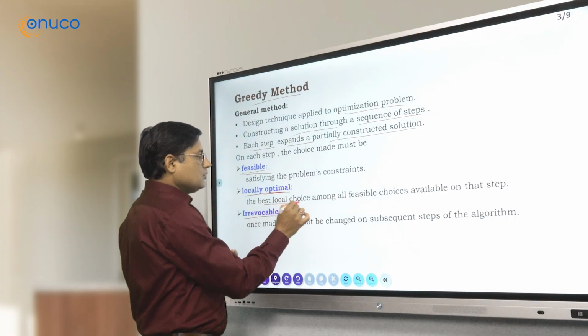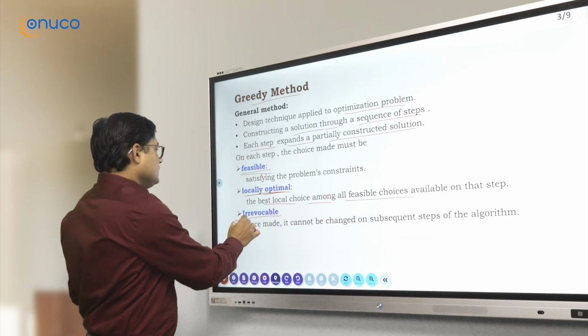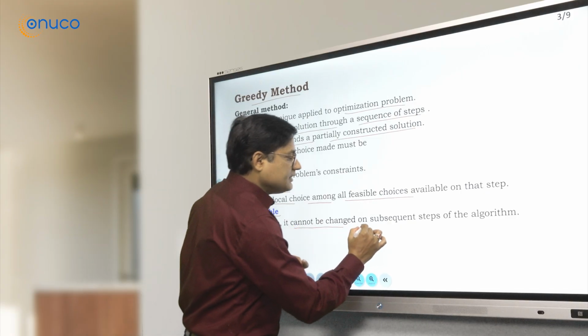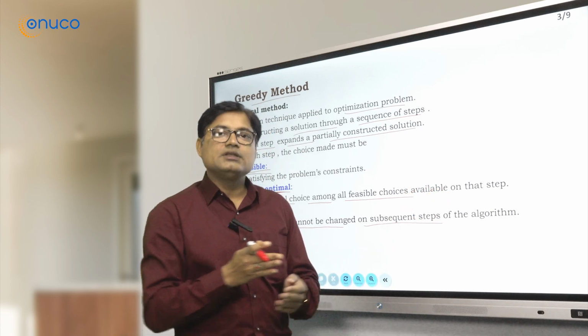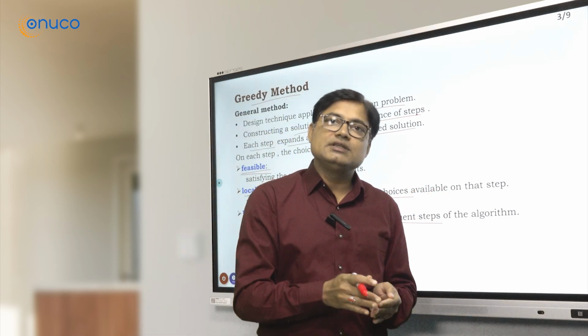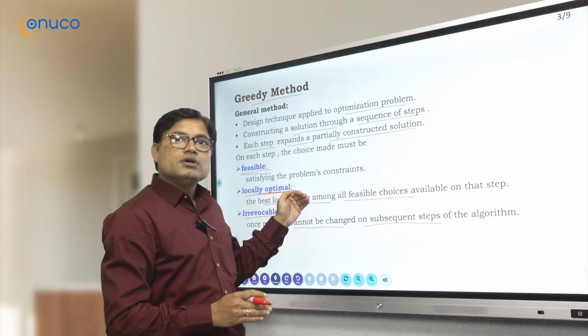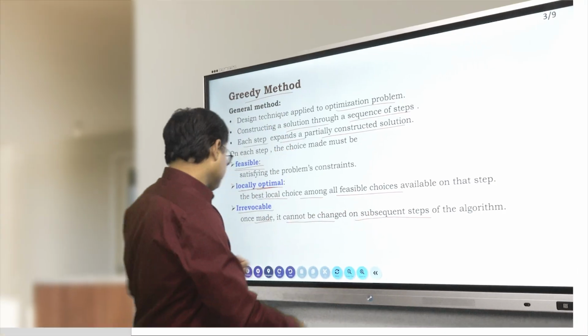See, the best local choice among all the feasible choices. Then irrevocable, what does it mean? Once you have made a choice, it cannot be changed in subsequent steps. It means we have to go in the same direction with whatever selections you made; we are not going to walk back, and we are going to perform the tasks one after the other.